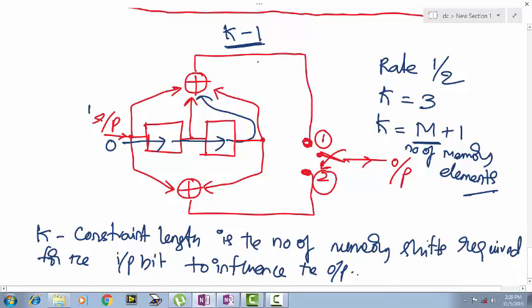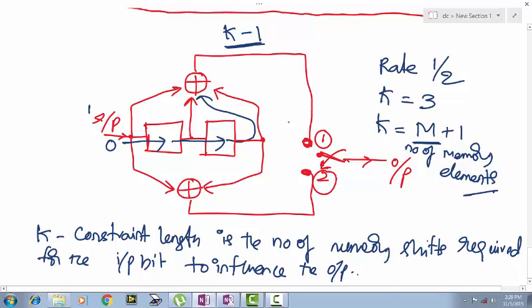So that is how a convolutional encoder structure is. Basically any convolutional encoder will consist of a shift register, either single stage or depending upon the number of input bits, and modulo 2 adders to produce the outputs.